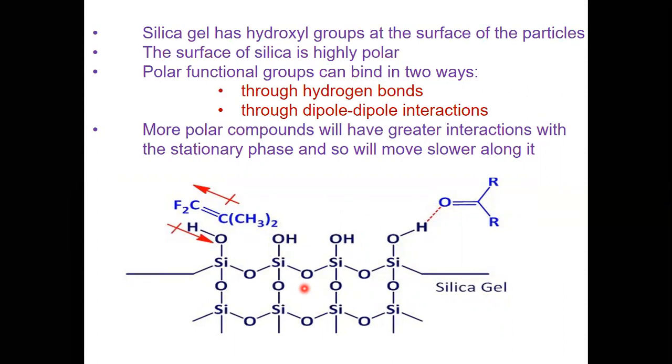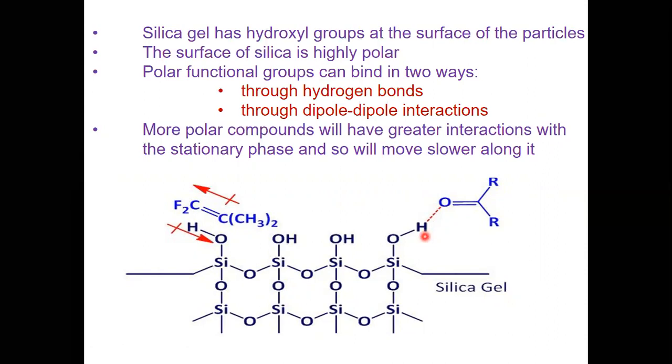Polar functional groups can bind in two ways. Hydroxy groups are polar, so they can bond with polar substances through hydrogen bonding or dipole-dipole interaction. Here you can see that this compound is attached by dipolar interaction, and this ketone molecule is attached by hydrogen bond.